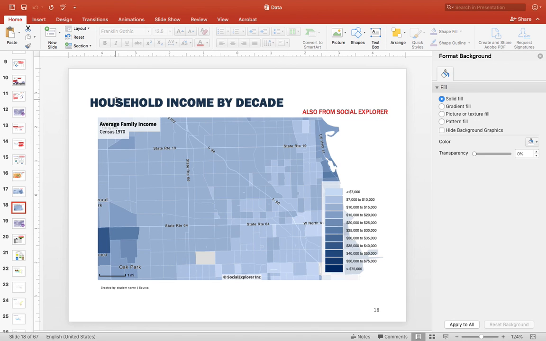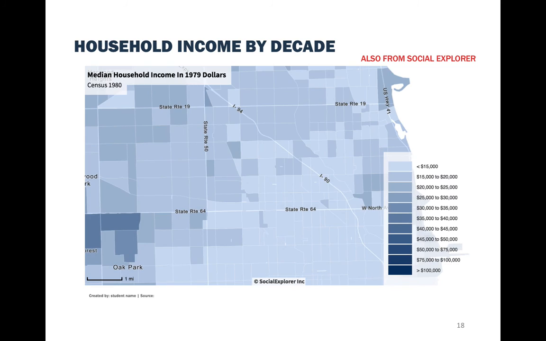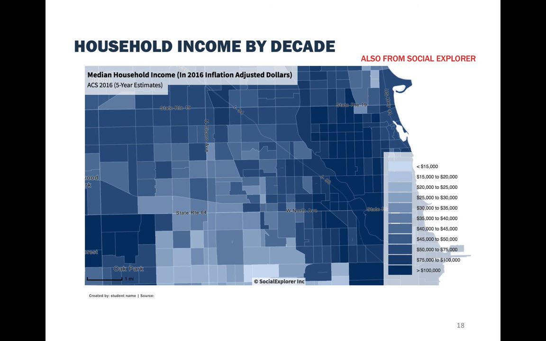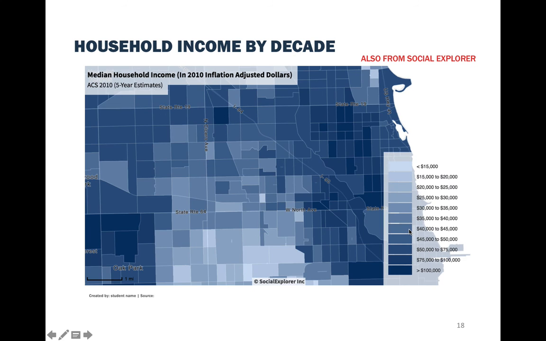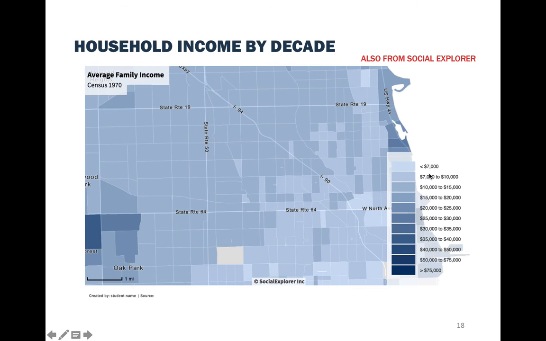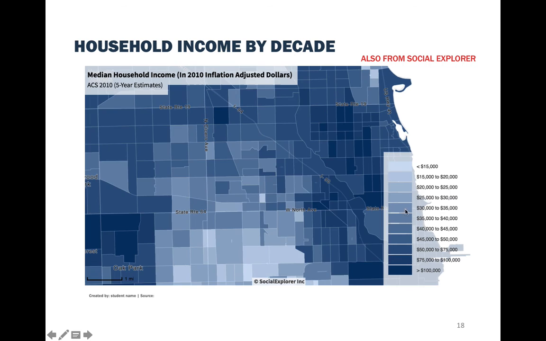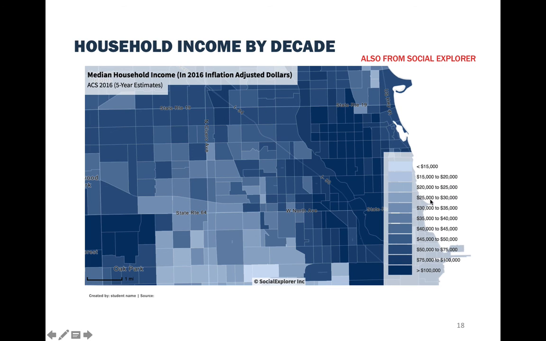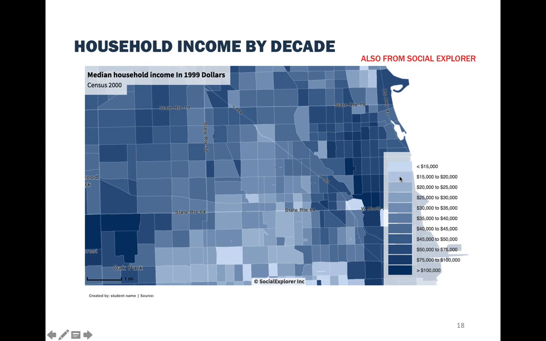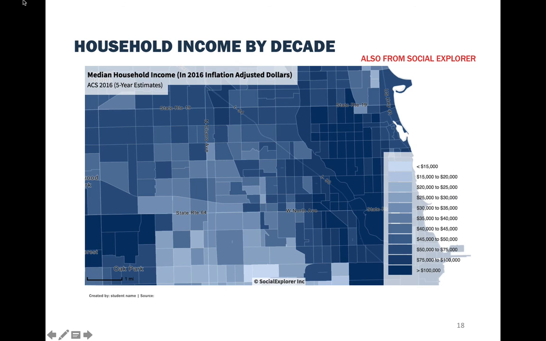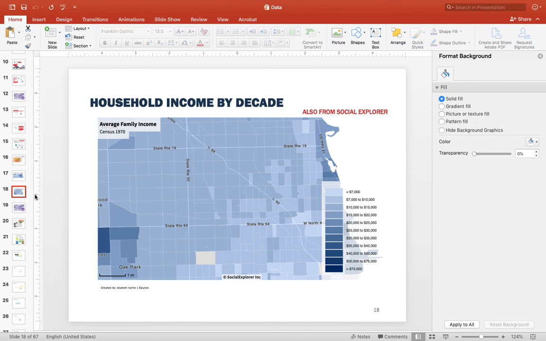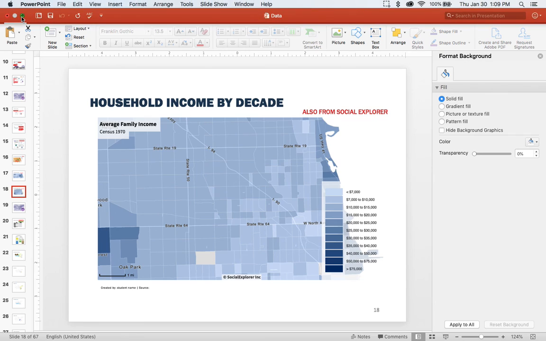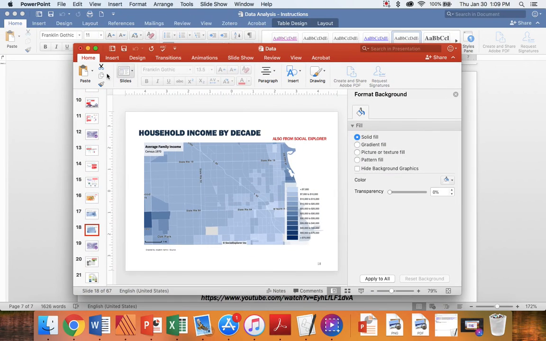The next thing was to look by households, by income, by decade. So this is the same thing. I believe that I used a screenshot to be able to put just the legend. So you might have to do that instead of exporting as PowerPoint, you can export as a JPEG and then just add it, so you actually have the legend.